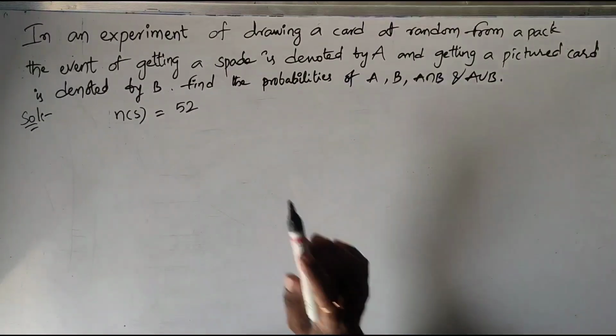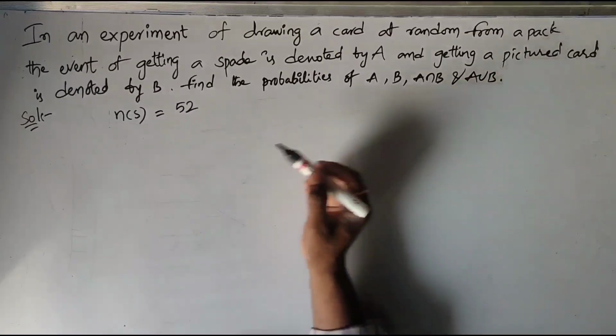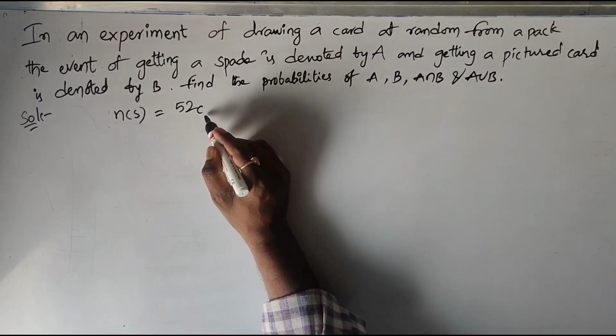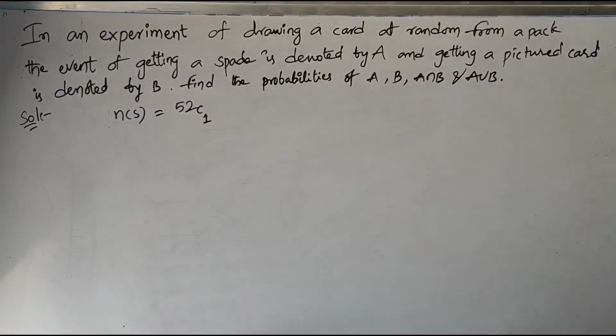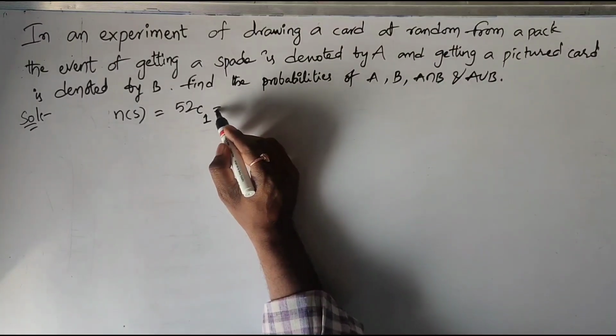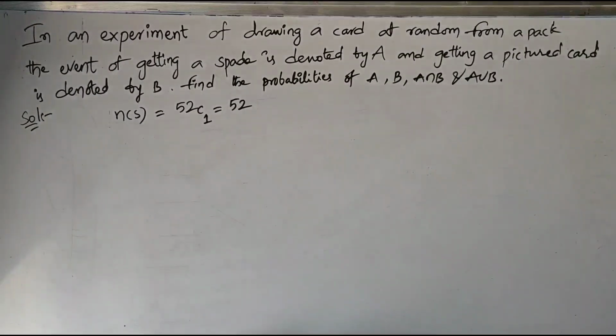Why? Because in the experiment of drawing a card at random from a pack, we have 52 cards, and we are selecting only one card from 52 cards. That is in 52 C1 ways, and 52 C1 is nothing but 52.